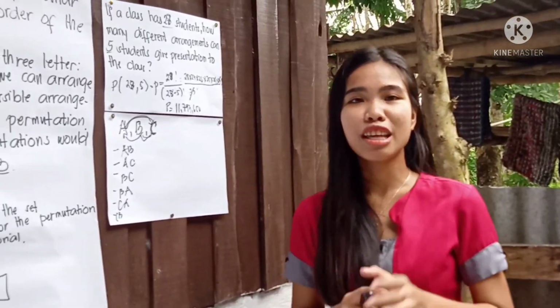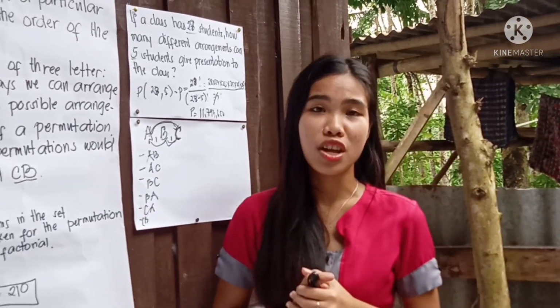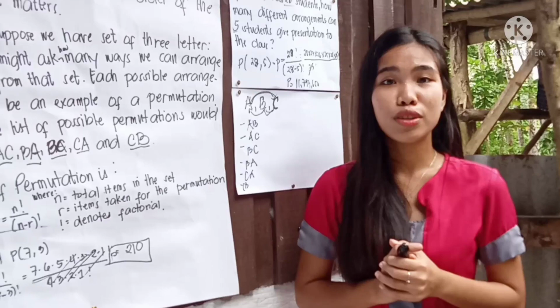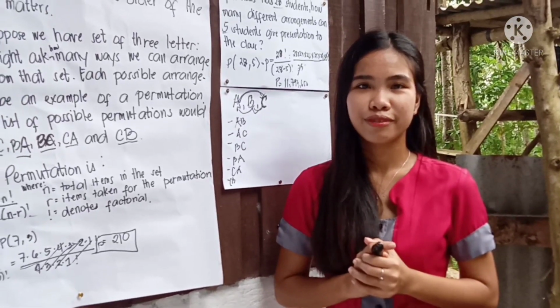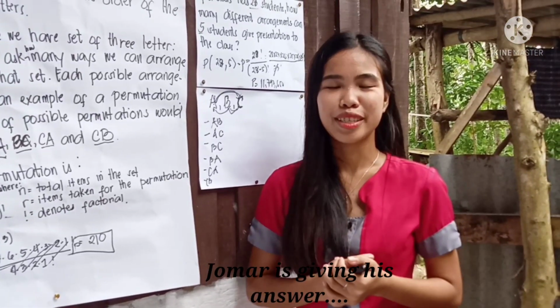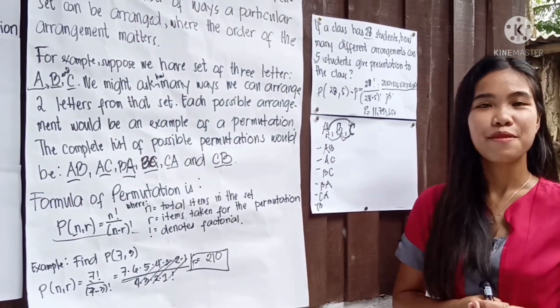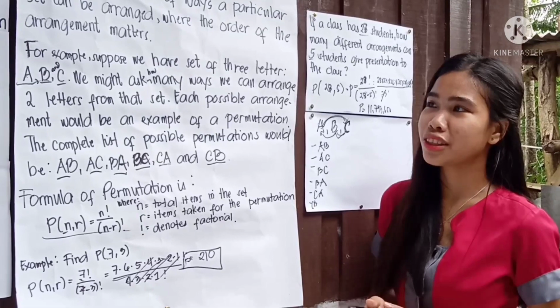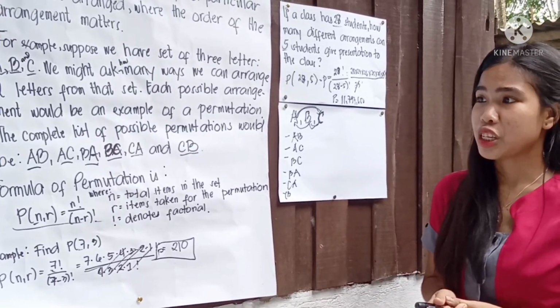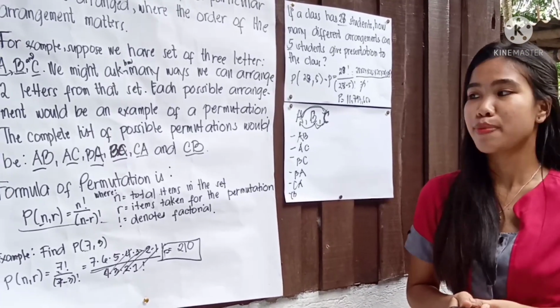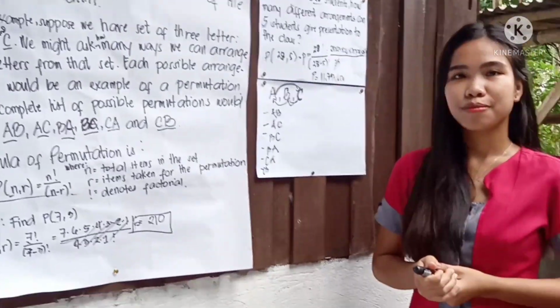Okay, so who can give me the definition of permutation in your own understanding? Okay, Jomar, proceed. Very good. So how about the formula of permutations? Who can give me and explain it?